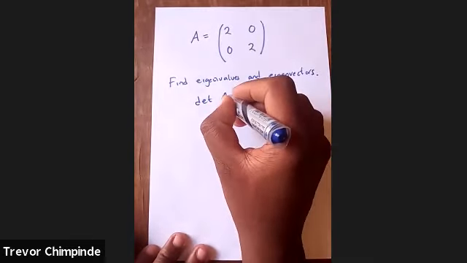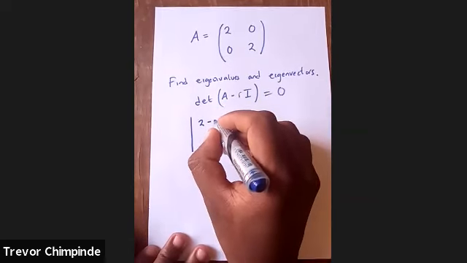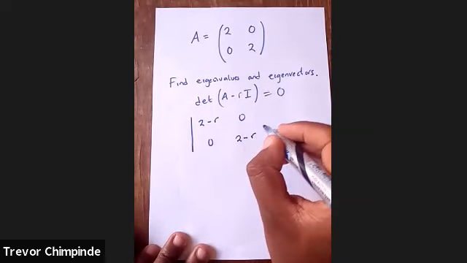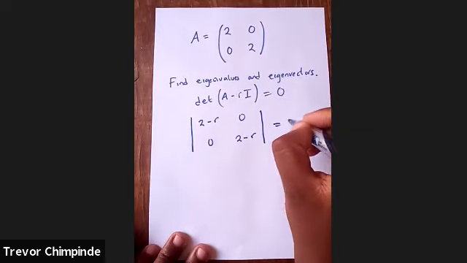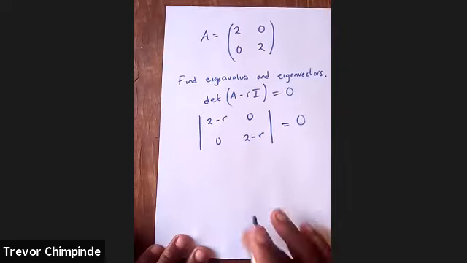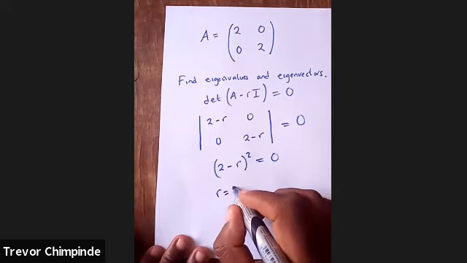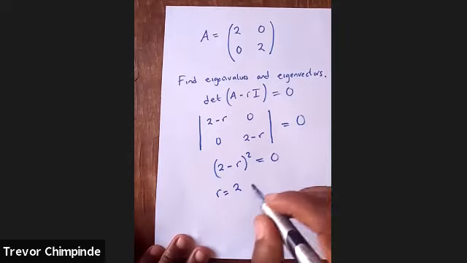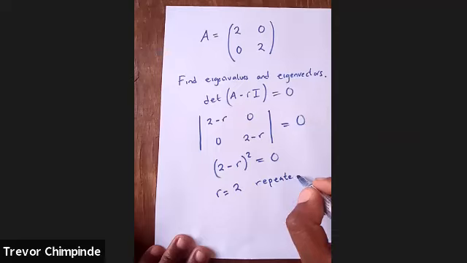So the determinant will be 2 minus r, 0, 0, 2 minus r, is equal to 0. And what does this give you? It gives you (2 minus r) squared is equal to 0, implying that r is equal to 2 is a double root, or repeated eigenvalue. r is the repeated eigenvalue.